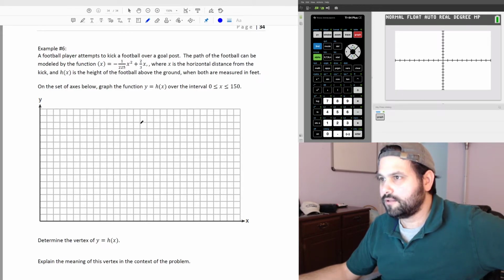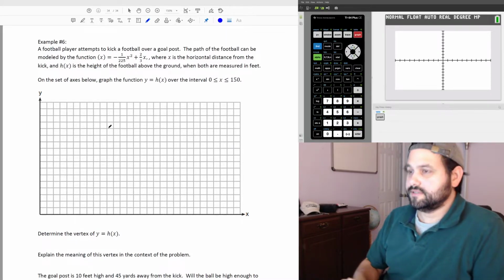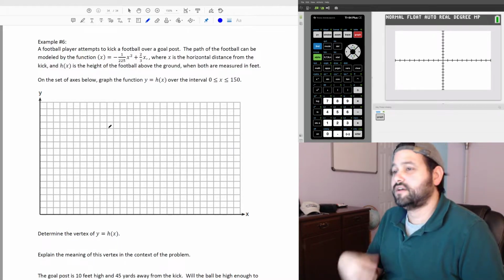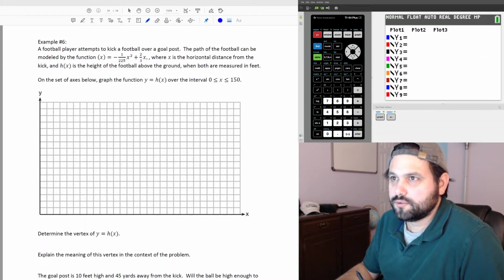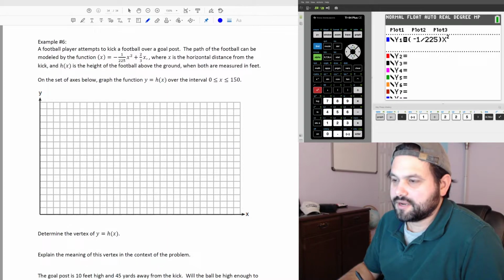Okay, well, I'm going to use my calculator for this. I don't know about you guys, but negative 1 over 225 and 2/3, let's just use the calculator. Y equals, I'm going to plug this function in, so negative 1 over 225 is my coefficient on x squared, and I'm going to add 2/3 x.